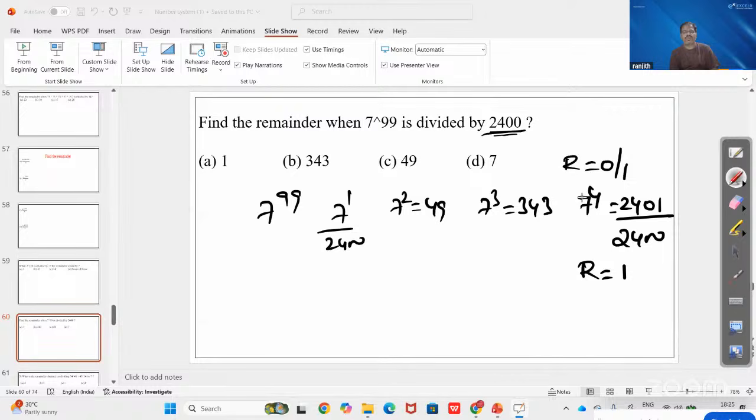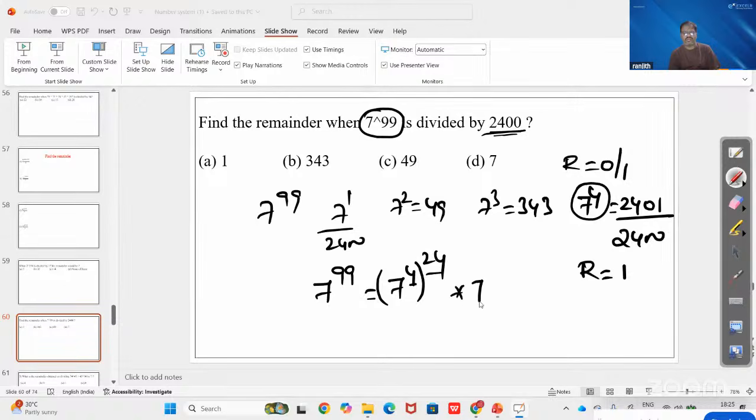So how can we write 7 power 99 with 7 power 4? 7 power 99 can be written as 7 power 4 into 24, into 7 cube, divided by 2400. 7 power 4 already has 1 as the remainder.